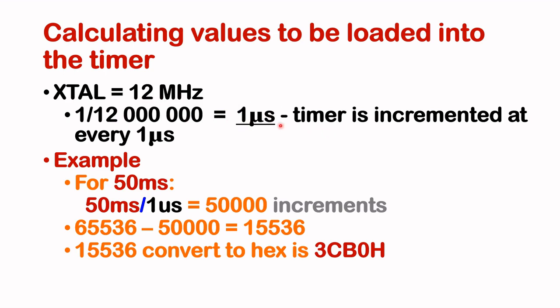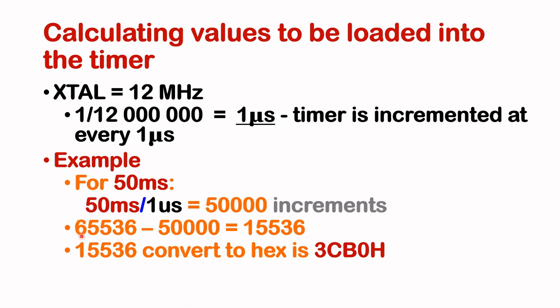Now what that means is that the timer is incremented at every 1 microsecond. So every 1 microsecond, the timer will be incremented by 1. Now, if I want to calculate the hex value for a 50 millisecond delay, it's 50 milliseconds divided by 1 microsecond, which is derived from here. That will give me 50,000 increments. And we subtract this 50,000 from 65536.